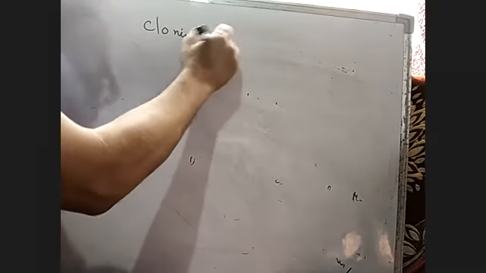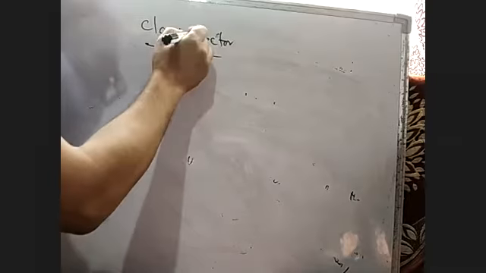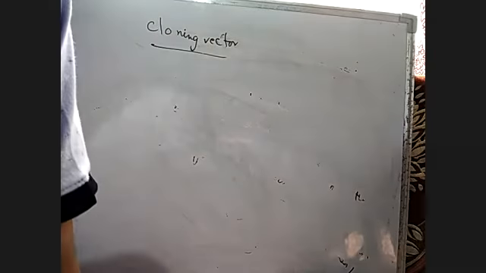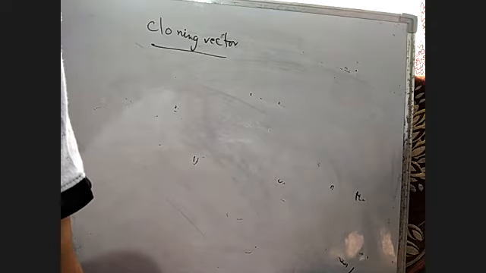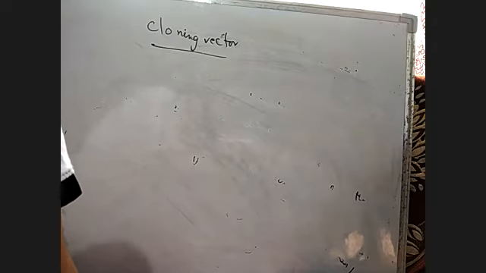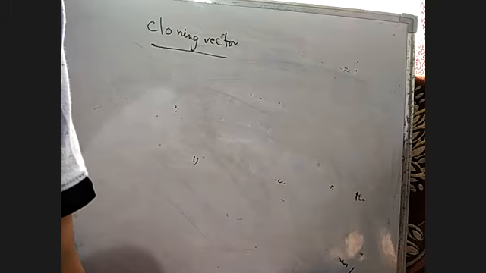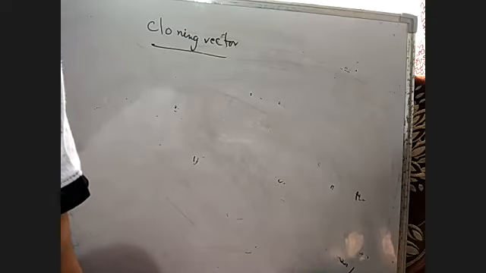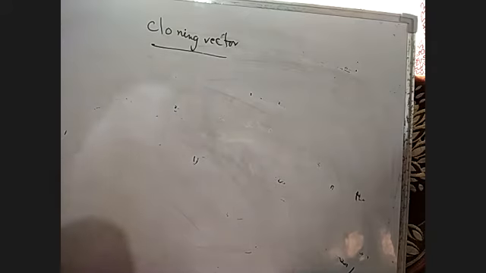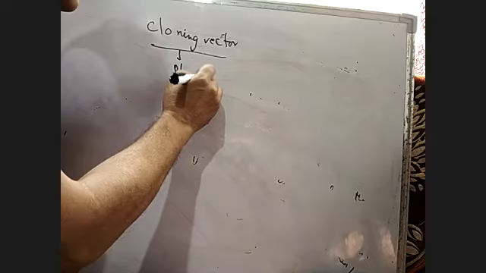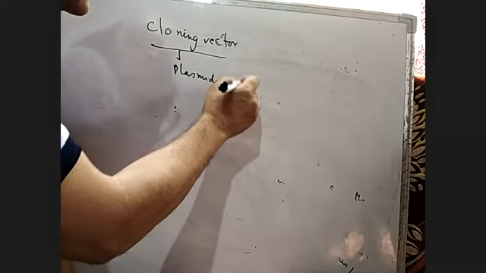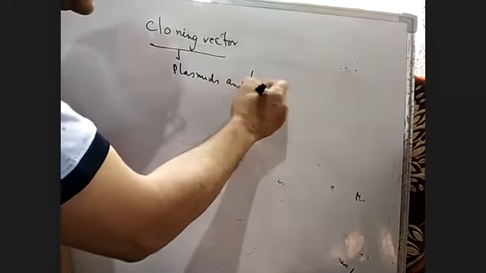A vector that carries a foreign gene is called a cloning vector. Plasmids and bacteriophages have the ability to replicate within a bacterial cell, hence both of them are cloning vectors. The plasmid cloning vectors are plasmids and bacteriophages.